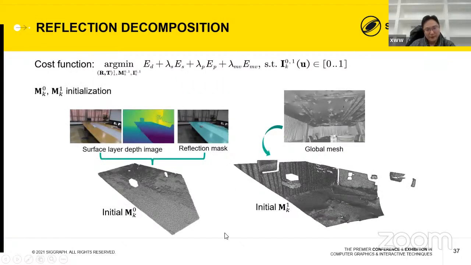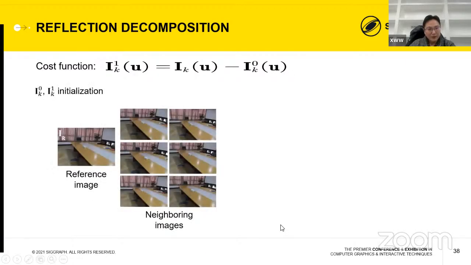To initialize our optimizing variables, we use the global geometry as we mentioned before. We use the surface layer mesh to initialize M_k0, and we reflect the global geometry mesh along the reflector plane to obtain the reflected geometry, the reflection layer mesh, M_k1.